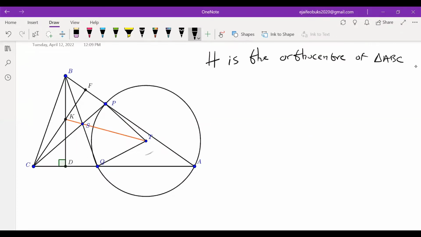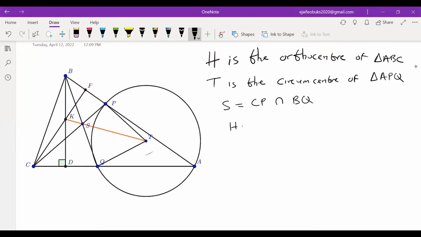T is the circumcenter of APQ, and S is the intersection of CP and BQ. I want to prove that H, T, and S are collinear. Okay, so this is what we want to prove.